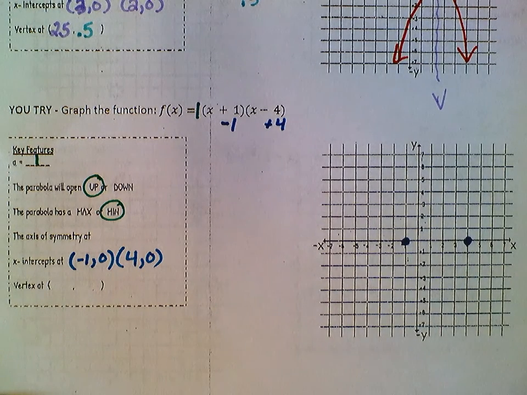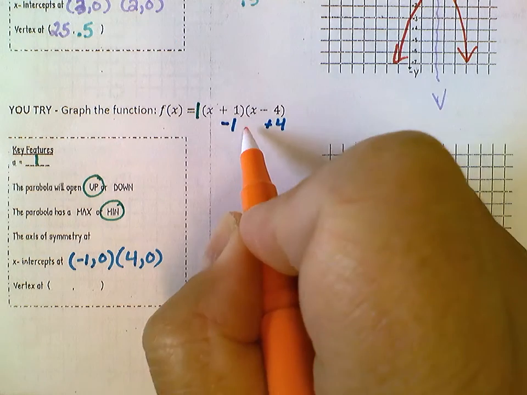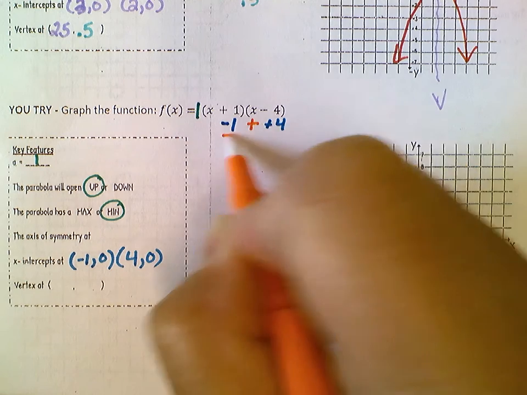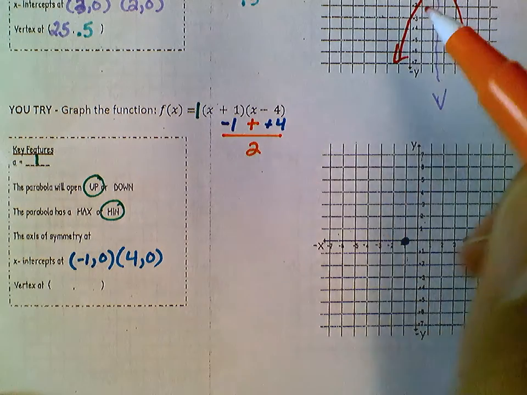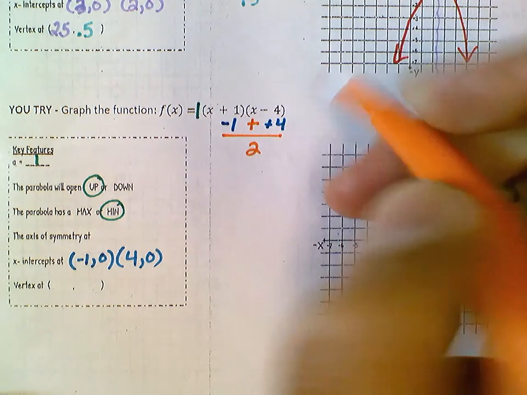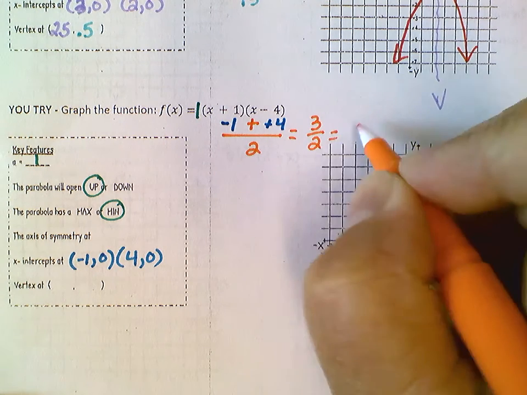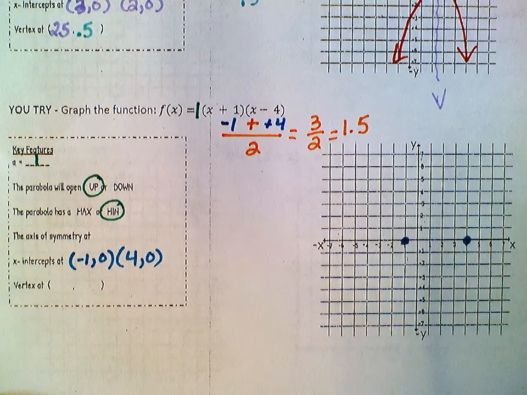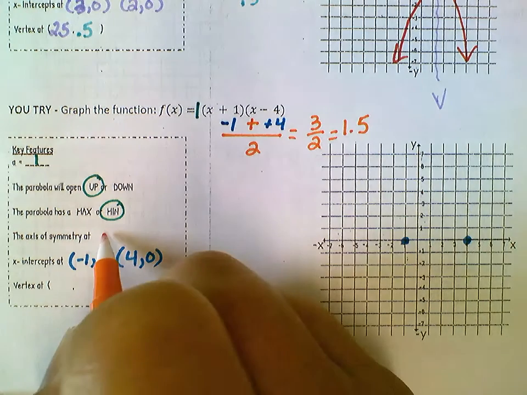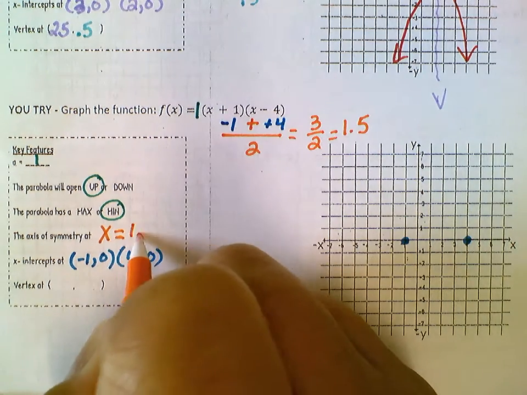I can use those to find my axis of symmetry by adding them and dividing by 2. So -1 plus 4 is 3/2. Oh boy, more decimals. So we have an axis of symmetry at 1.5.